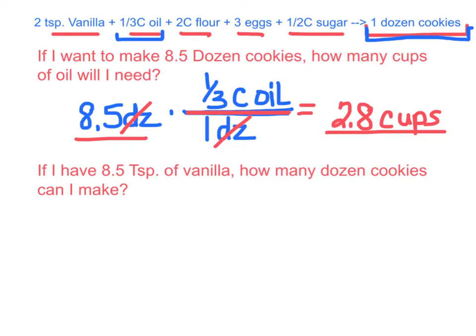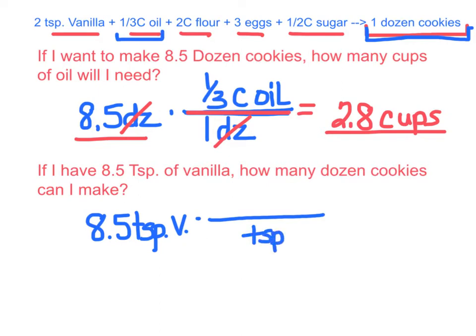Let's look at another one. I have 8.5 teaspoons of vanilla. So I would write 8.5 teaspoons of vanilla, and they want to know how many dozen cookies I can make. So again, my relationship between teaspoons of vanilla and dozens of cookies would be, I go back up to the top, for every 2 teaspoons of vanilla, I make 1 dozen cookies.